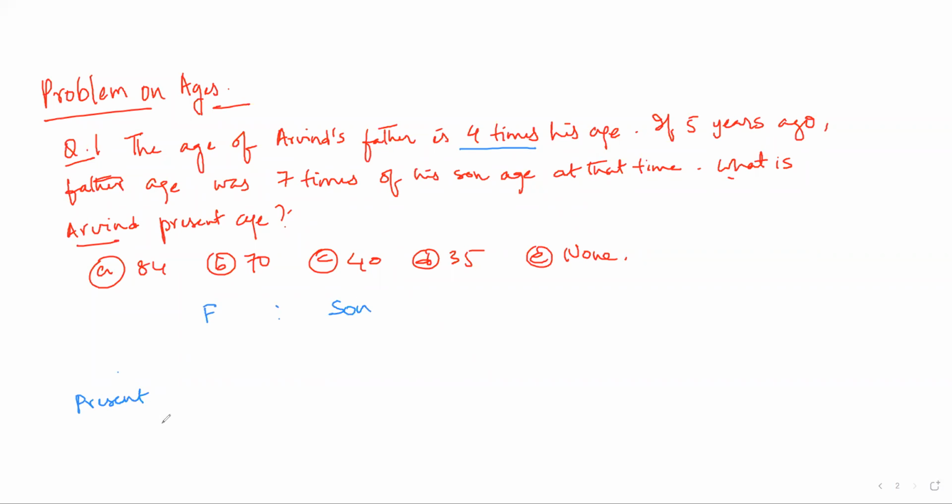At present, Arvind's father is 4 times Arvind's age, so Arvind is 1 and the father will be 4. That is the meaning of this first statement.